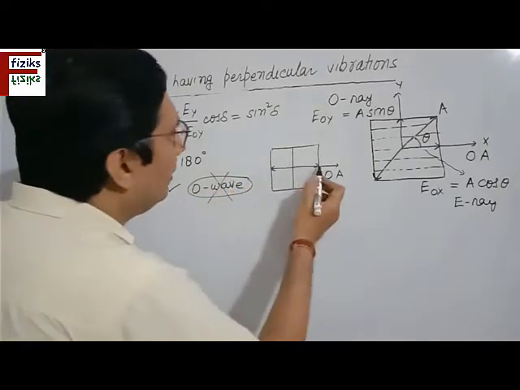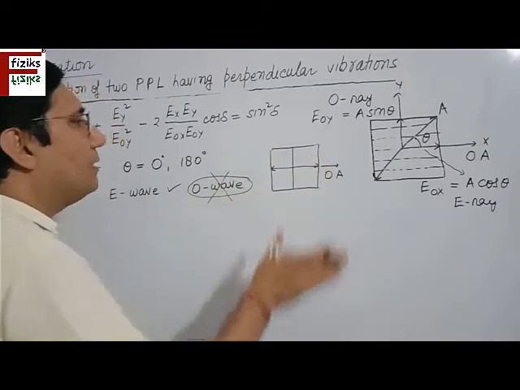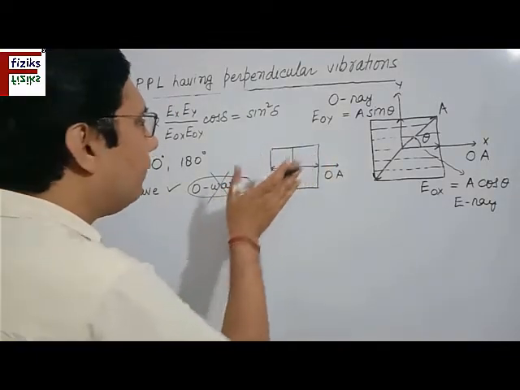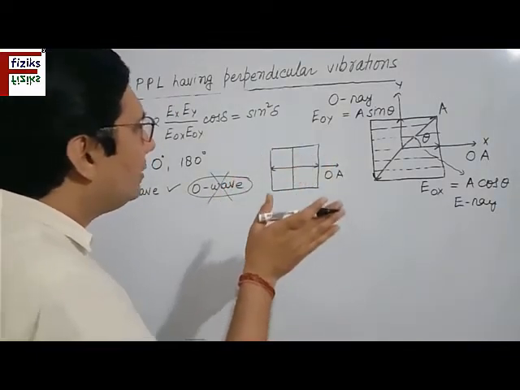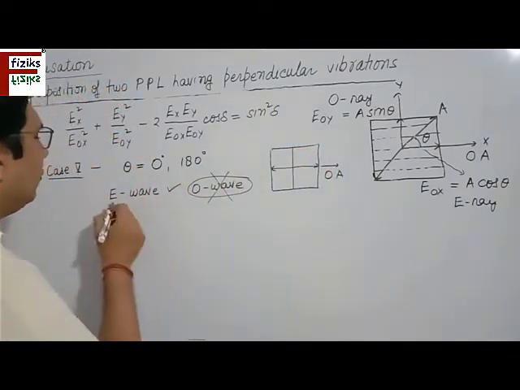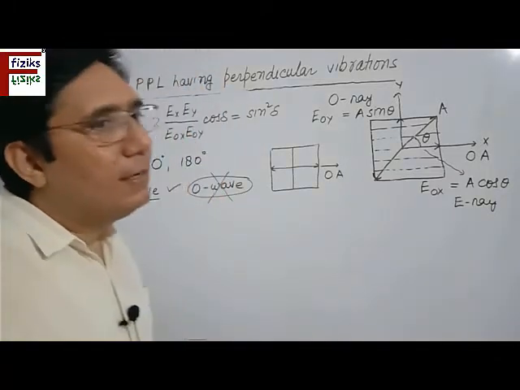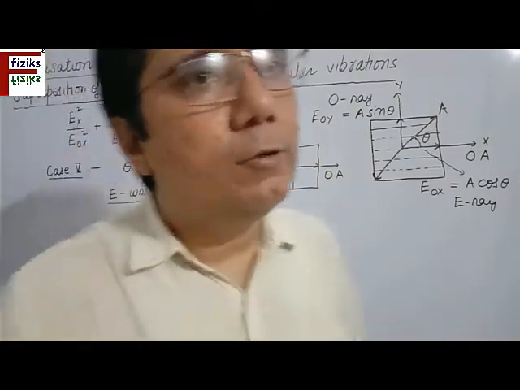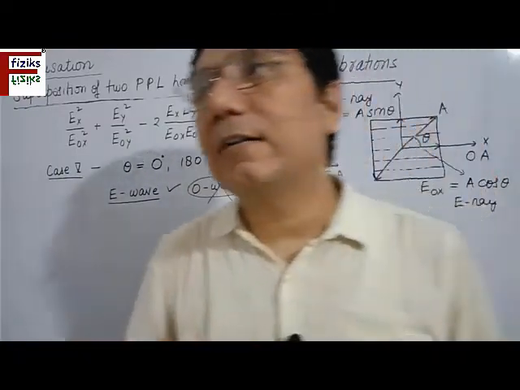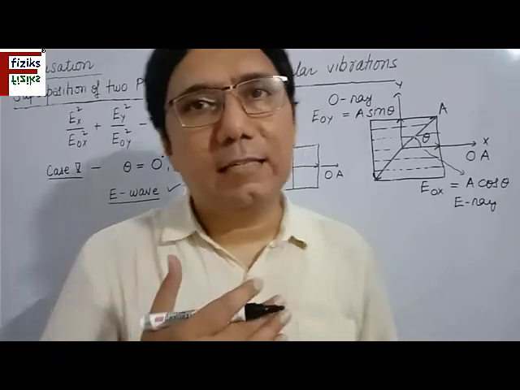So this component which is incident as plane polarized light on the doubly refracting crystal, or on this retarding plate, will propagate as an E wave, and there will be no double refraction. When there is no O ray, there will be no phase difference. On the emergent side, we will have the same plane polarized light.